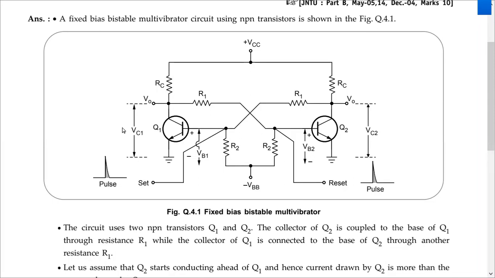When we connect the load, the current flows through the load, and the remaining current flows here. If the load draws more current, the current entering the base of transistor Q2 will be less, and that may not be sufficient to turn on Q2, and the functionality of this circuit may collapse.